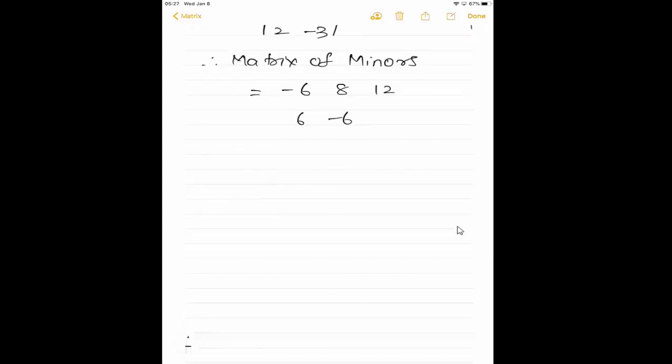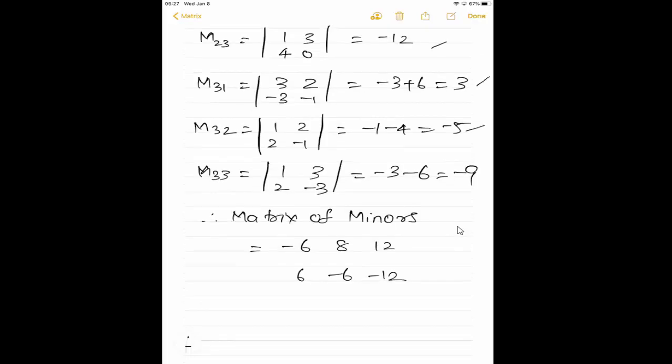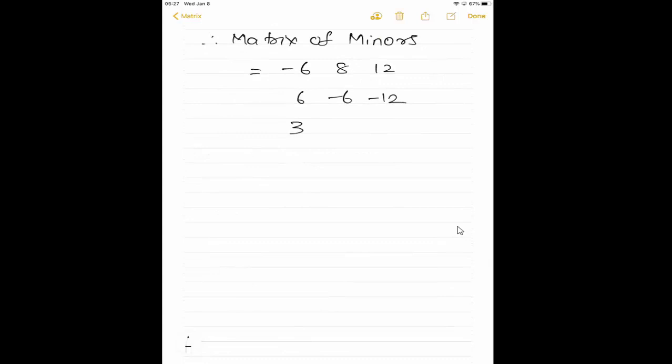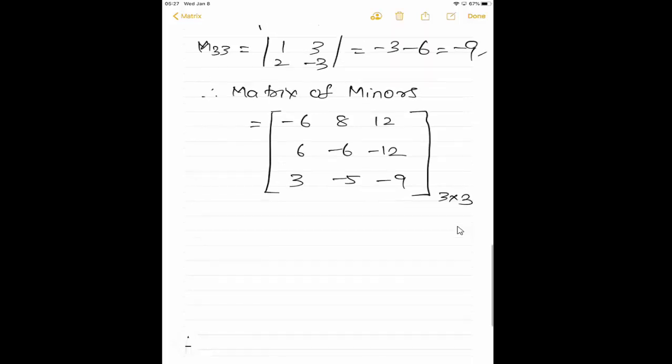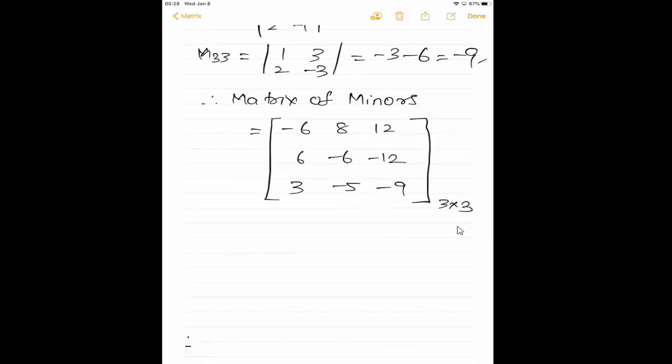Third row, 3, minus 5, minus 9, and the value is represented by 3 cross 3. And this is how we have to form the matrix of minors.